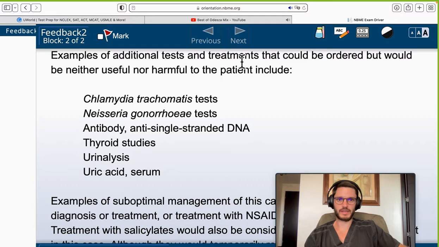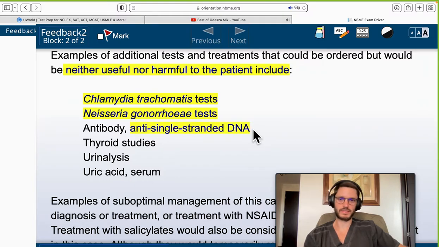Some additional tests and treatments that could be ordered, but neither useful nor harmful. Yeah, so you could screen this patient because she's sexually active. You could screen her for sexually transmitted diseases, or you could also send more specific lupus tests.